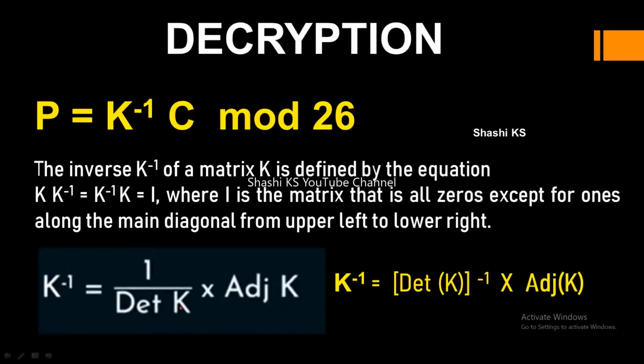Since it is 1 by determinant value of K, we have converted it into determinant value of K inverse. So 1 by determinant of K is represented as determinant of K inverse, and then we have to multiply it with adjoint of K.